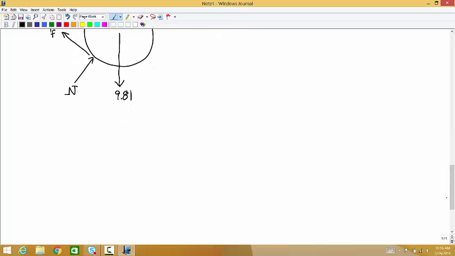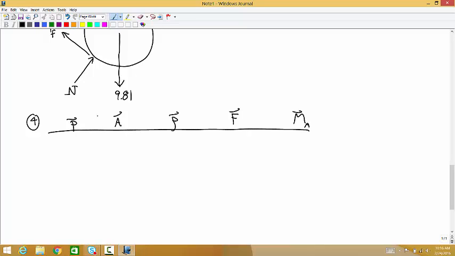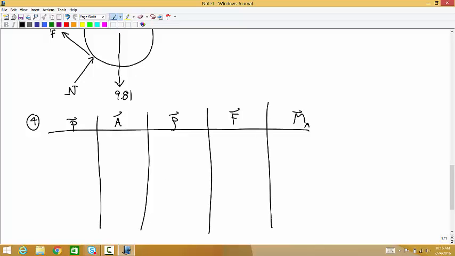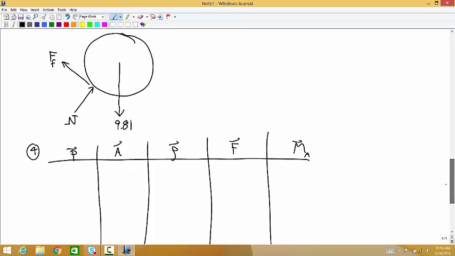Okay, so now step 4, pancake table. This step isn't necessary, it just helps you organize your thoughts. I am going to choose the origin to be at the temporary center of this rolling disk.